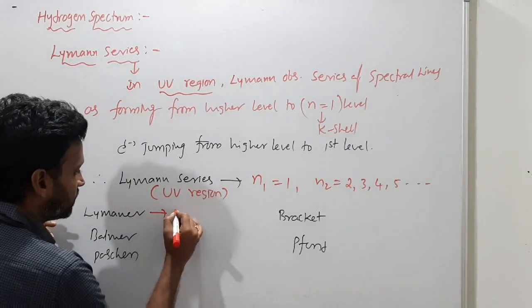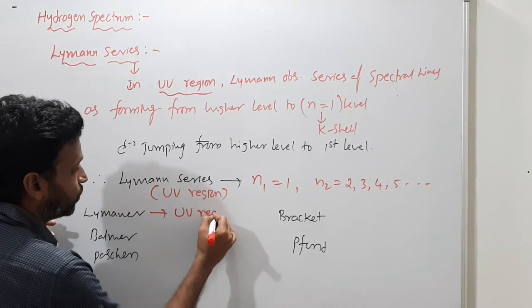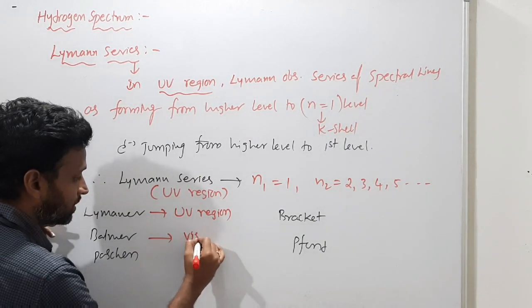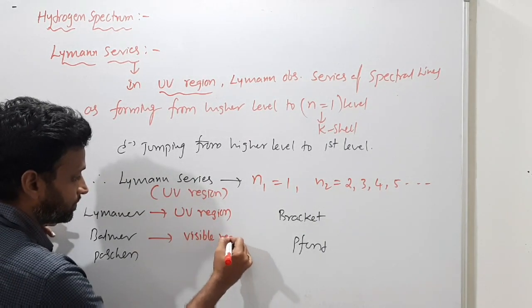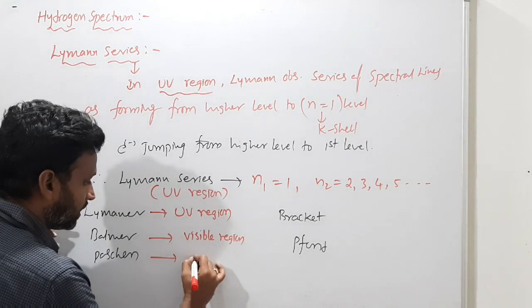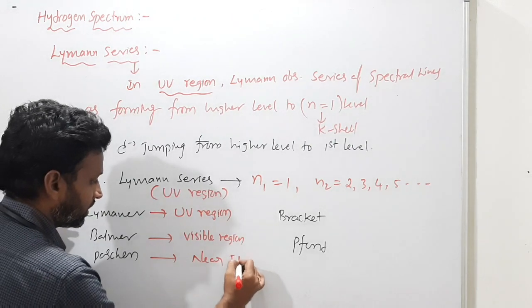So Lyman observed the spectral line series in the UV region. Balmer observed a series of spectral lines in the visible region. Okay, and Paschen was observed in the near infrared region.